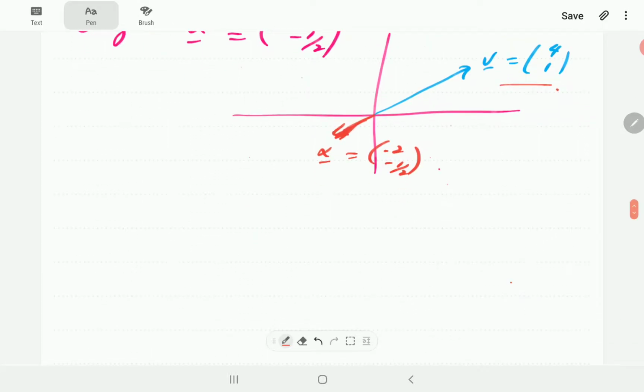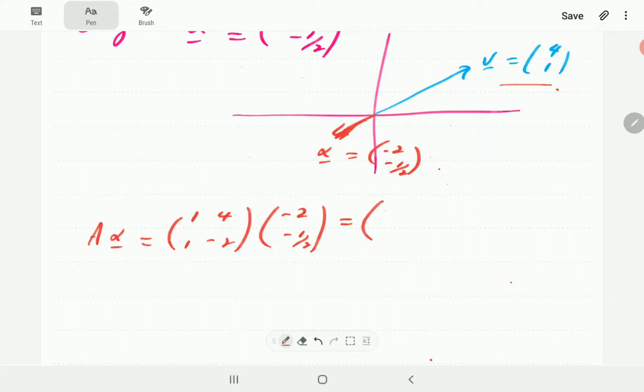So let's see what happens when we act A onto alpha. So I've got 1, 4, 1, minus 2, times -2, minus half. Okay, so this is going to be -2 minus 2, which is -4.